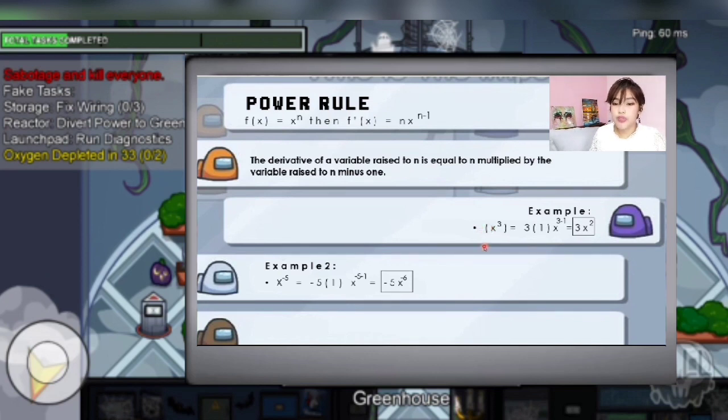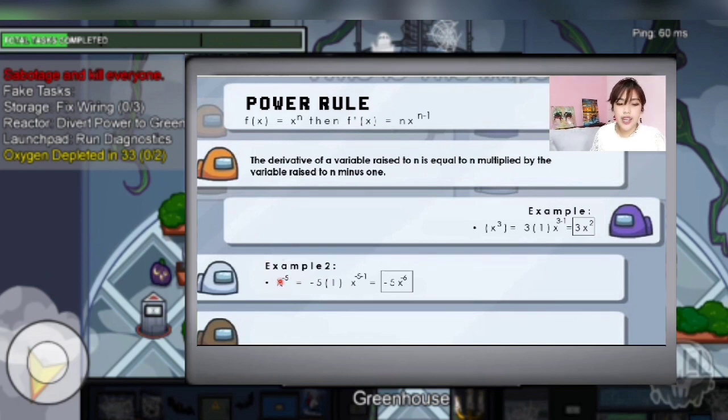So first, get the derivative of x cubed, or x raised to 3. So 3, multiply it to the variable x, which is 1. 3 times 1 is 3. After multiplying it, subtract 1 from the exponent. So you will get 2. So our final answer should be 3x raised to 2, or 3x squared.